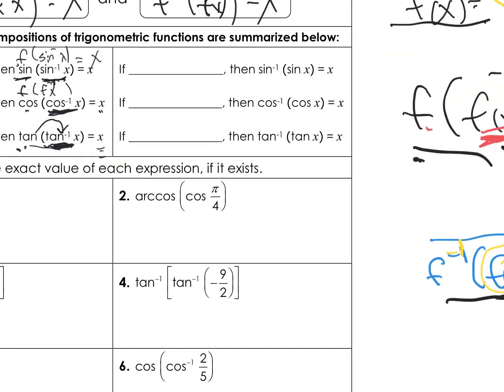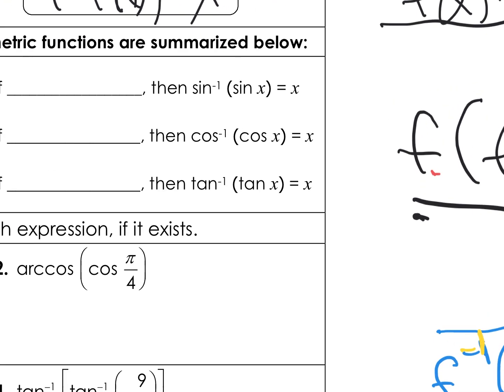Let's change it around and talk about the outside function being the inverse function, and the inside function being the regular function. So arc sine of sine will be x. But that only applies to the domain of sine, the inside function.